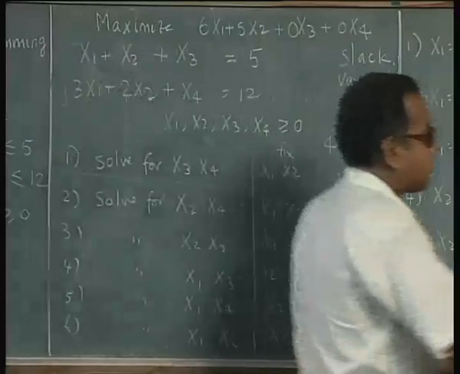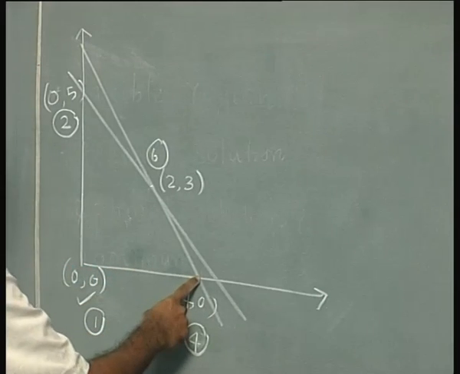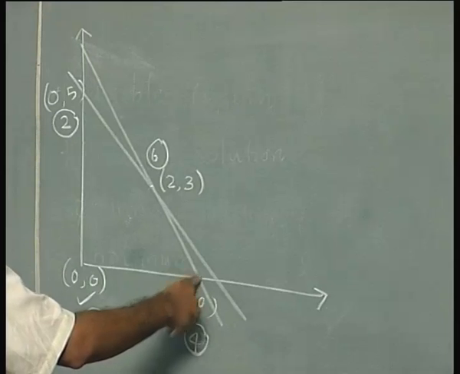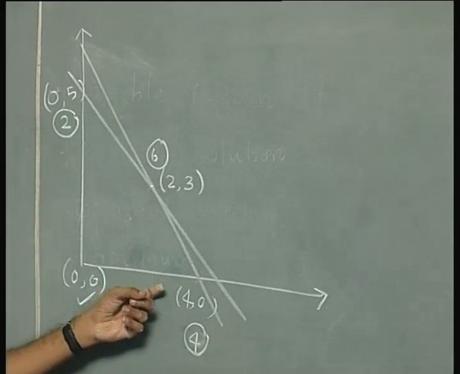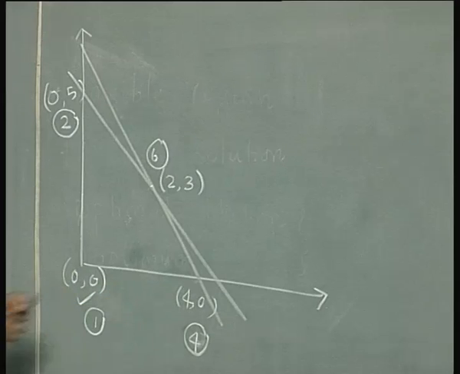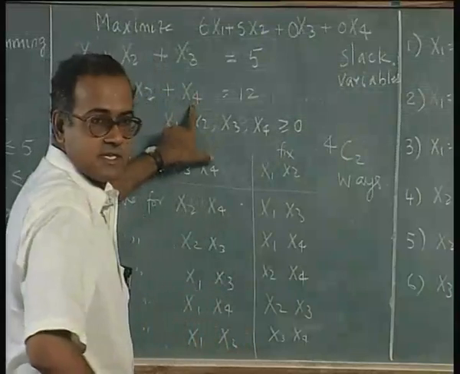For example, this corner point is obtained by 3x1 plus 2x2 equal to 12 and the x1 axis, which is x2 equal to 0. This implies that x4 is fixed at 0.